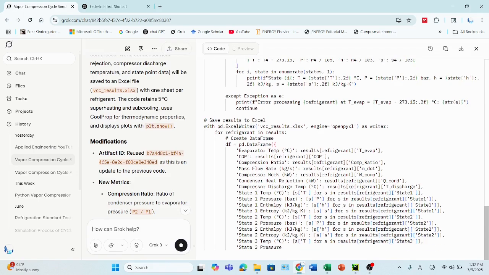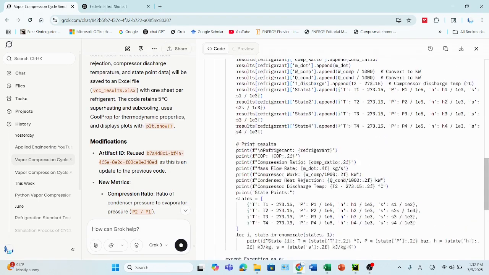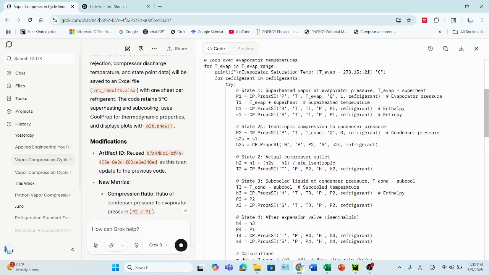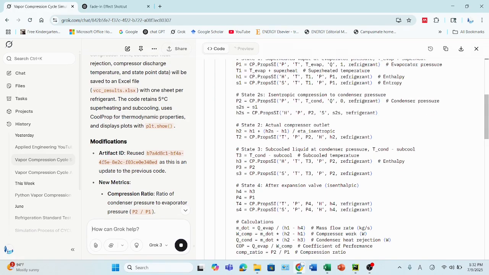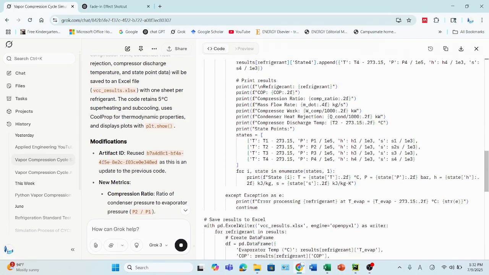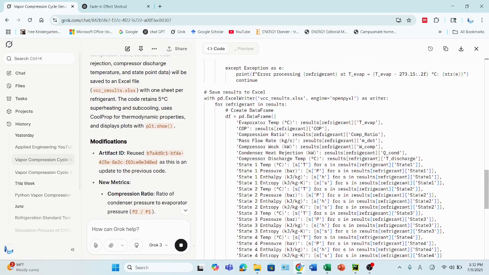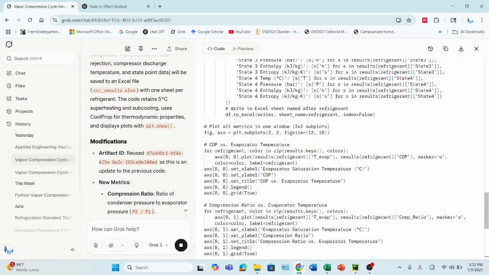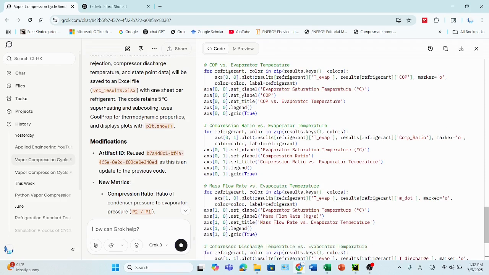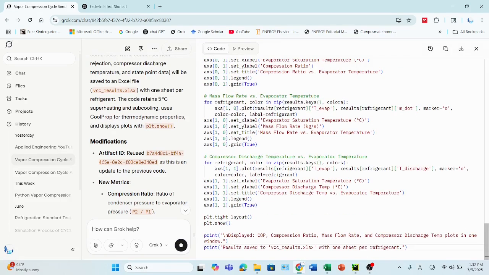So here is our modified code and we can see it is saving the results in the Excel sheet and plotting all the metrics like COP, compression ratio, mass flow rate, compressor discharge temperature, which we have asked for.